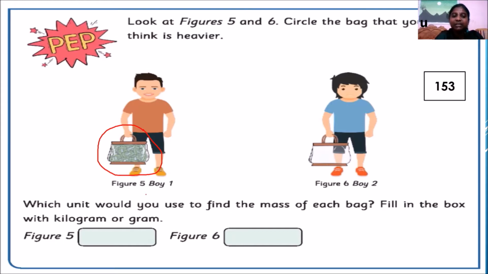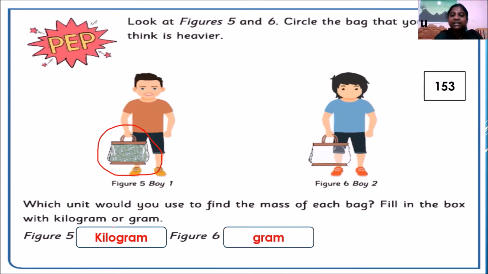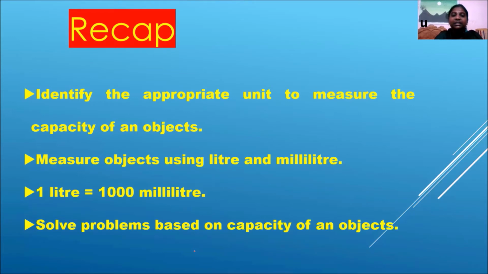Now tell me, figure 5 is gram or kilogram, children? Very good. It is a kilogram. Figure 6, gram. Very good. It is a gram. Very good, children. Let's move on to the next topic.